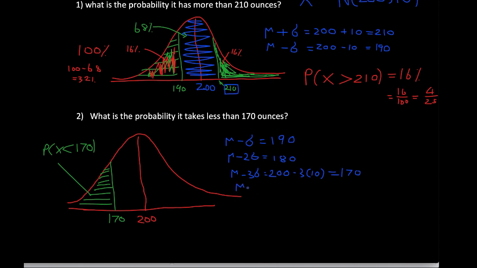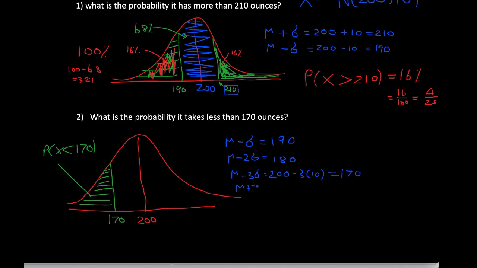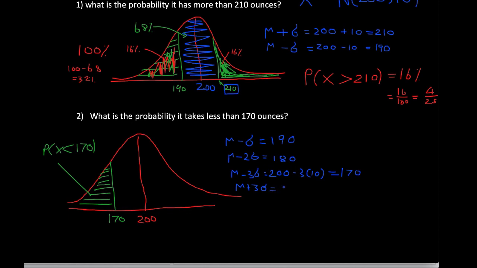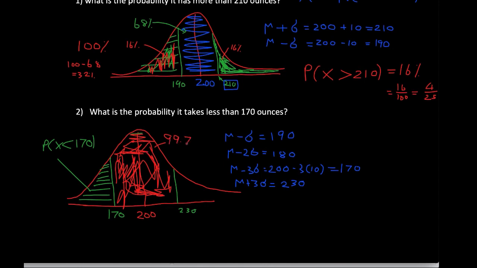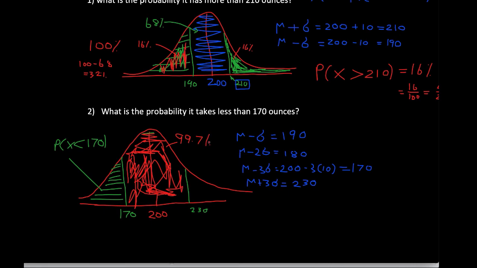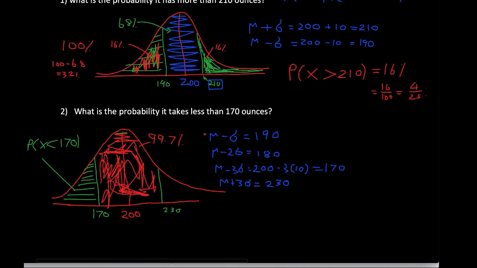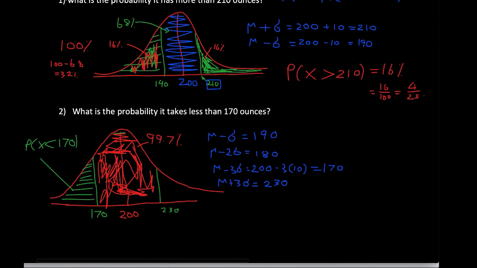So, I calculate mu plus 3 sigma equals 230. Okay, 230 should be somewhere over here. So this is 230. By the empirical rule, this middle area is 99.7% because this is the area within 3 standard deviations.